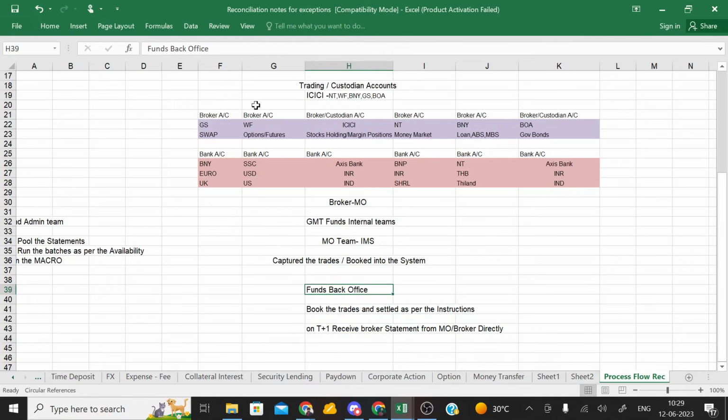Fund back office team, they receive statement from middle office or maybe directly from broker. So their job is to validate received instructions and book it into the system, right? Book it into the system.